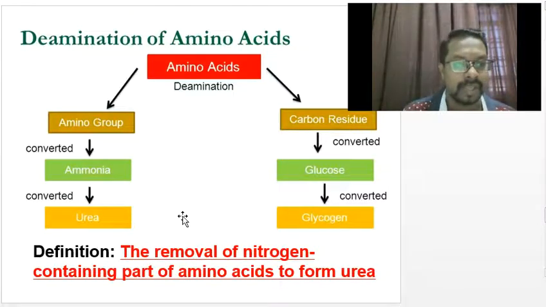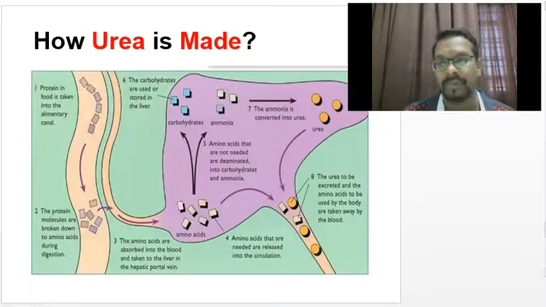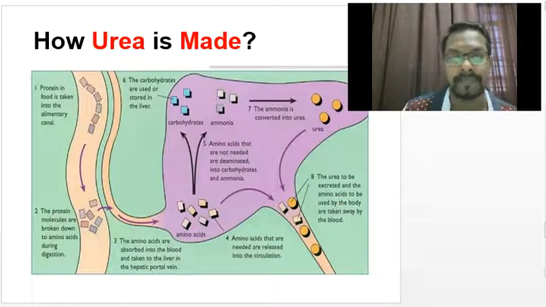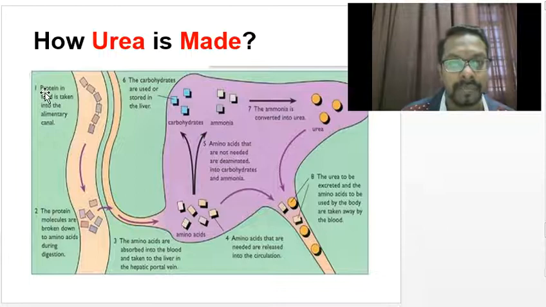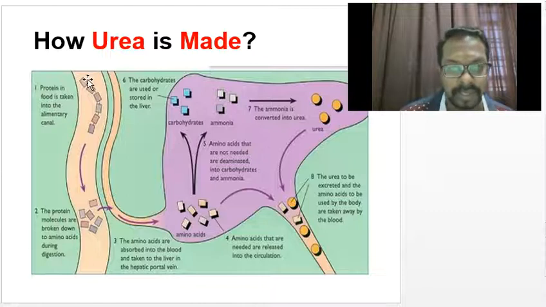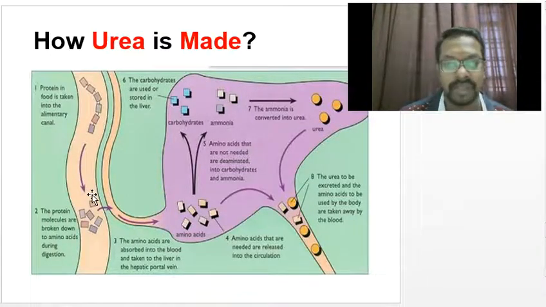Next, very important for paper 4. This exact same diagram has been tested before. So here you must follow the numbers. How urea is made in our system. Number 1: protein in food is taken into the alimentary canal, the digestive system. When it comes to the digestive system, the protein molecules are broken down to amino acids during digestion.